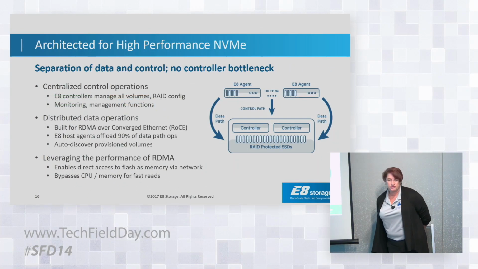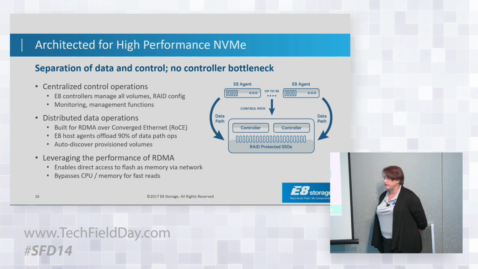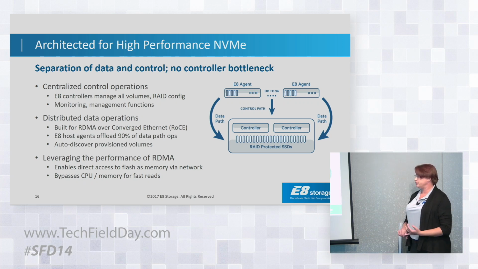So when we say we architected for high performance NVMe, we didn't just add NVMe into a standard dual controller architecture, because now you've got bottlenecks. We came up with a new architecture in order to get rid of those bottlenecks. Fundamental to that is that we have centralized control, but distributed data. Centralized control means that we can still do the high availability.